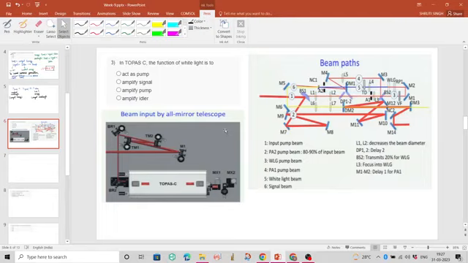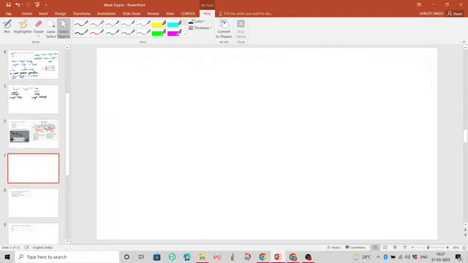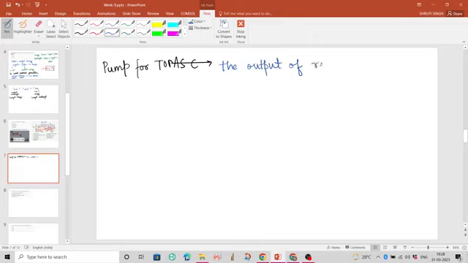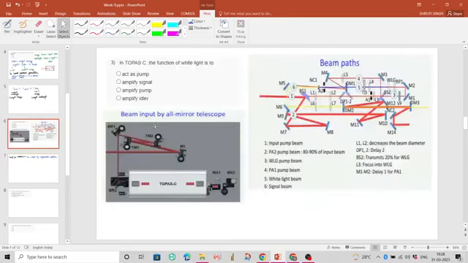And first thing is, let me write here. The pump which we feed in, the pump for TOPAS is the output of the regenerative amplifier. Okay, so here this part shows the pumping.